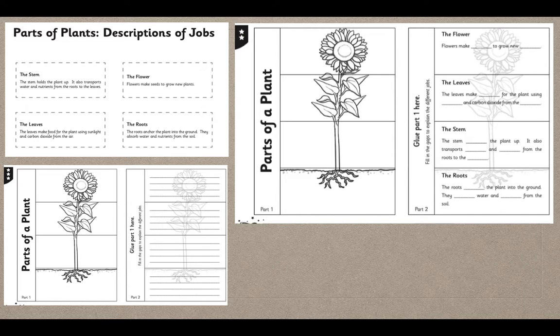You can choose which worksheet you'd like to do, the 2-star one or the 3-star. It's completely up to you. The top left-hand worksheet has all the information you need if you need to use it. We're going to move on.